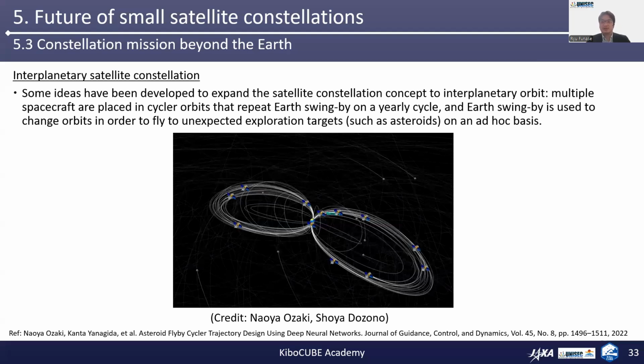In addition, even when there are no such objects to be explored, the satellites can fly by near-Earth asteroids approaching close to their respective circular orbits, so that a regular and frequent asteroid flyby exploration can be performed.